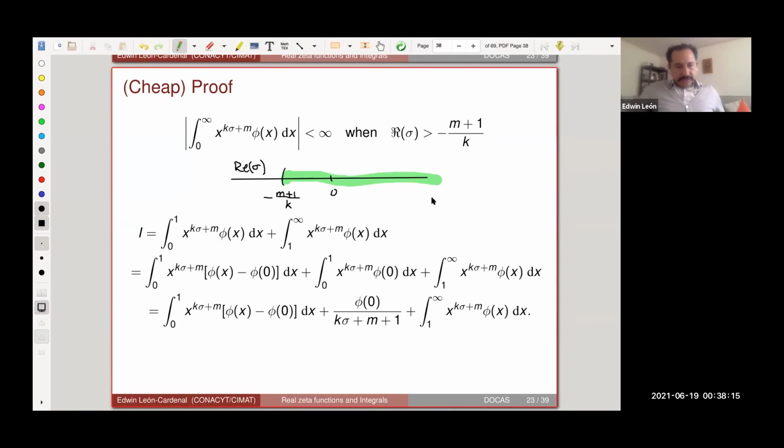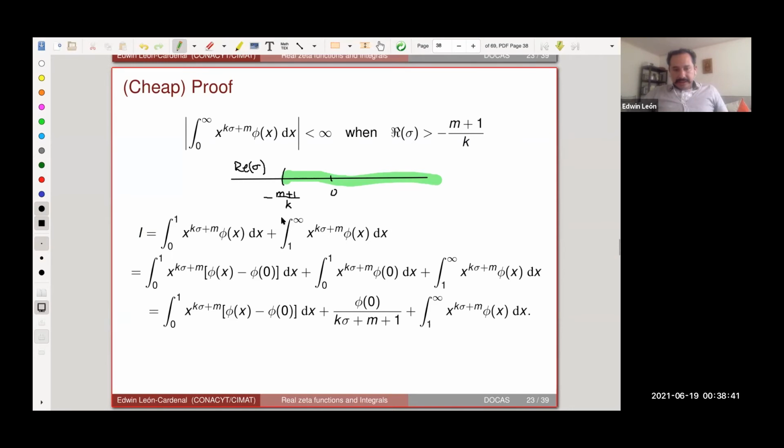So the first thing that I'm going to do is call this integral I, just for lack of imagination, and I'm going to separate this integral in the following way. I'm going to consider the integral between 0 and 1, and then the integral between 1 and infinity.